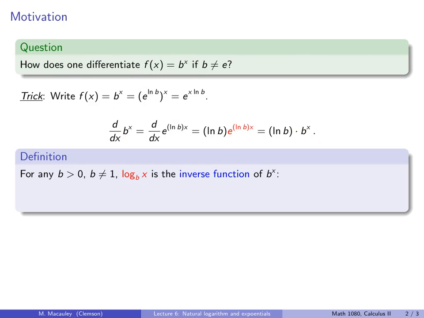Okay, so now that we've defined the natural log, and we know it has an inverse function, and now that we've defined b to the x in terms of this inverse function, we can define, for any b greater than 0 and not equal to 1, we might run into trouble otherwise, log base b of x to be the inverse function of b to the x.